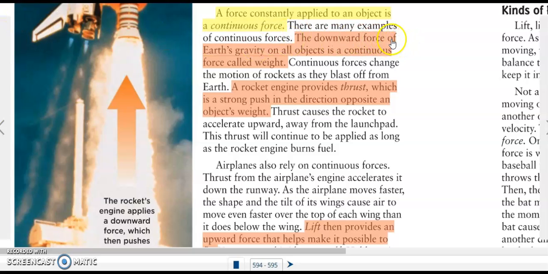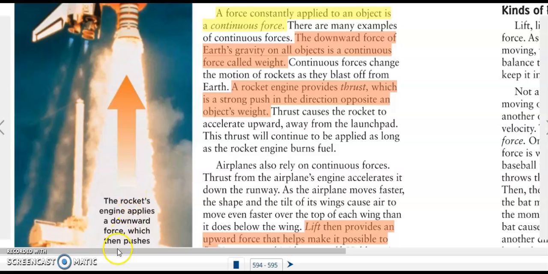So the downward force of gravity on all objects is a continuous force called weight. And a rocket engine provides thrust, which is a strong push in the direction opposite to an object's weight. You can see here the rockets.